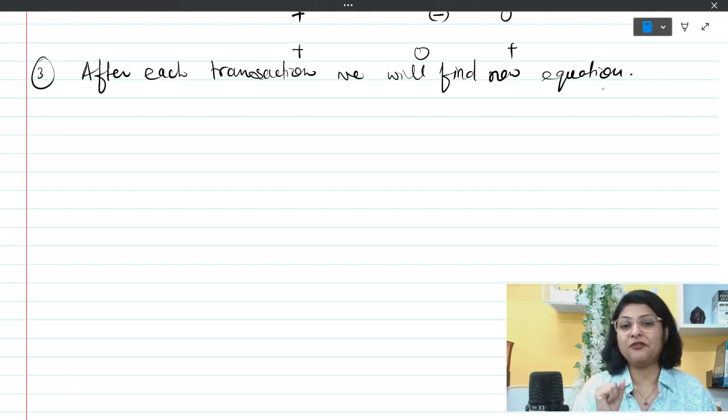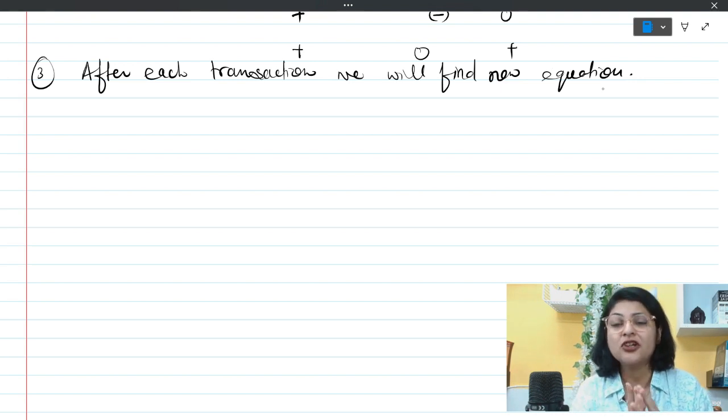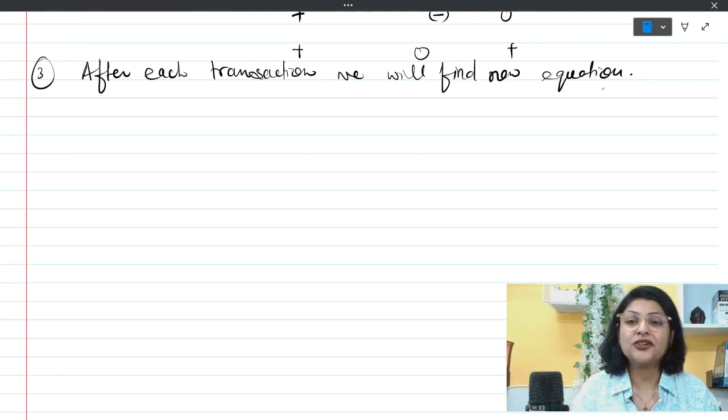Now today when we solve the questions, after each entry you are going to find out the new accounting equation, and obviously the new accounting equation should also tally. So let's learn a few new concepts first, then we will do a question where we take all these concepts into consideration. We will see the impact, and we will see the new equation also.